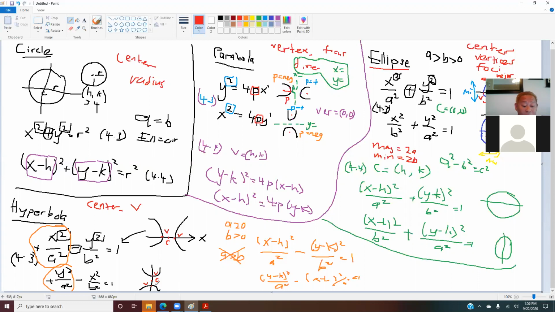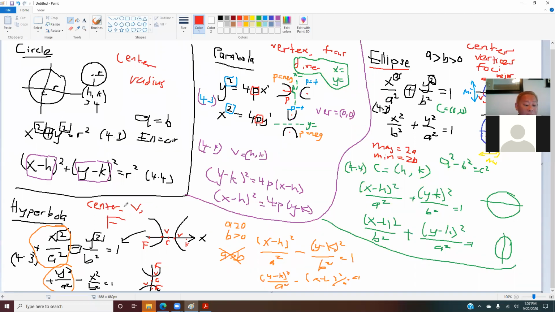Okay, they all line up very nicely. And then you also need to know your foci. So your foci has to be inside here. Focus point. So what you notice when you see your center, your vertices, and your foci is they all line up in one same row. If the x is positive, they line up on the x-axis. If y is positive, they will line up on the y-axis.